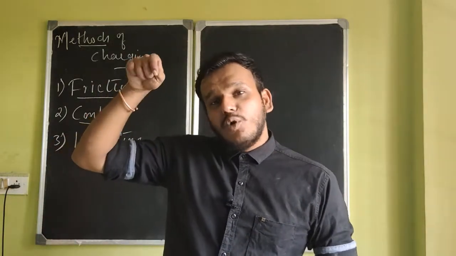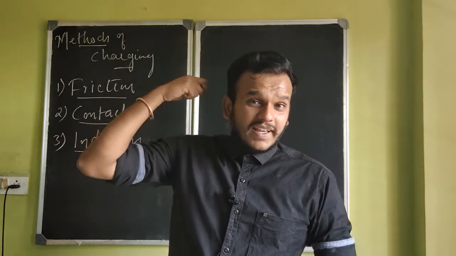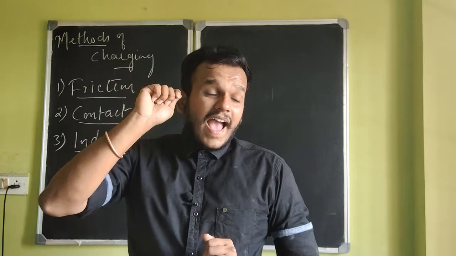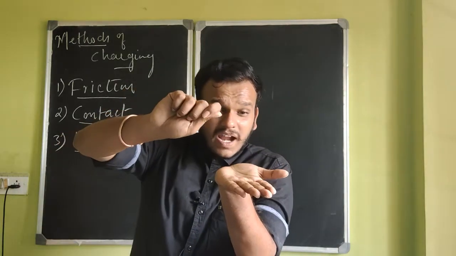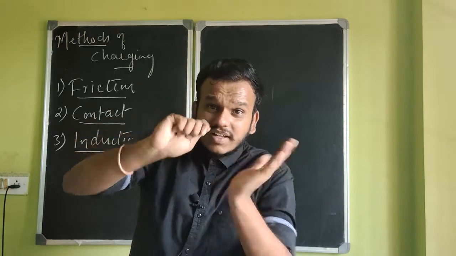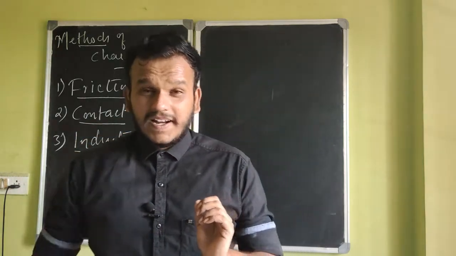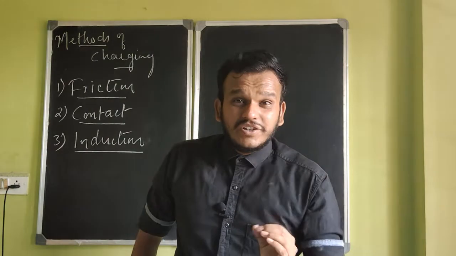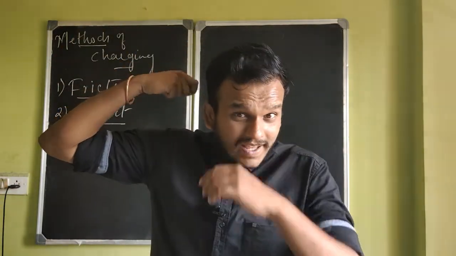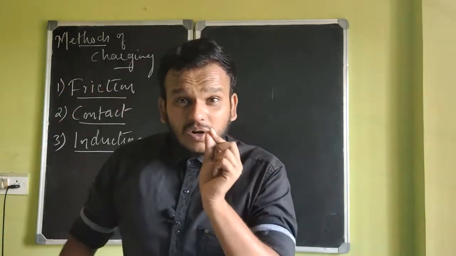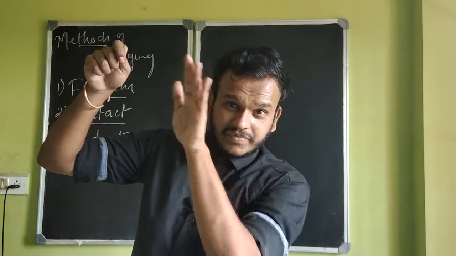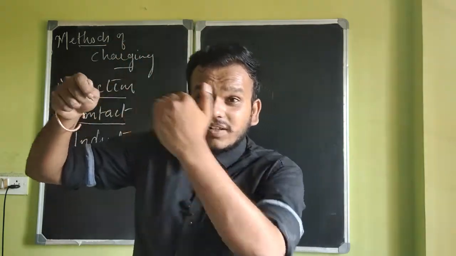Maybe take a comb and comb your hair, or take a scale, rub it against your dry hair, and take bits of paper, and when you bring it close, those papers will get attracted towards the scale or comb. So what actually has happened here is, when you rub the comb against your dry hair, some electrons have moved from the comb onto your hair. They get transferred.